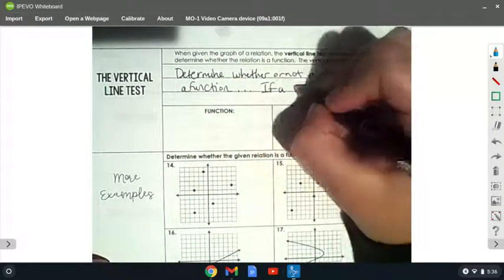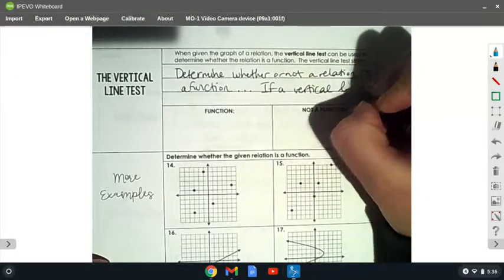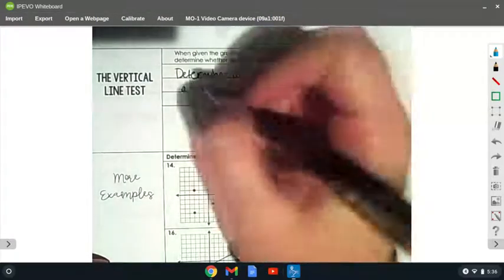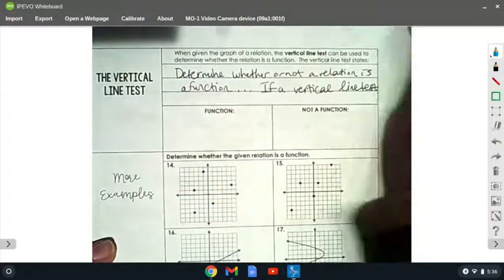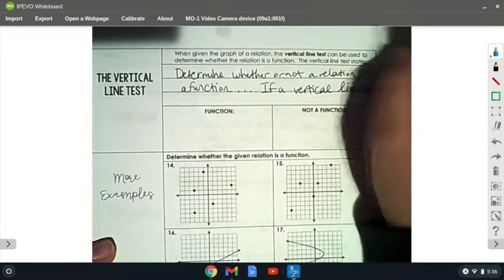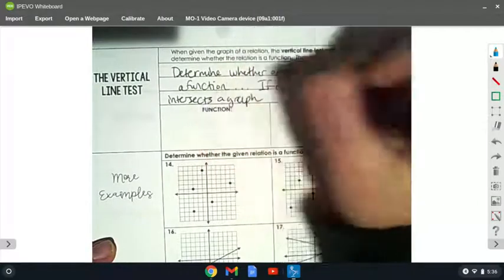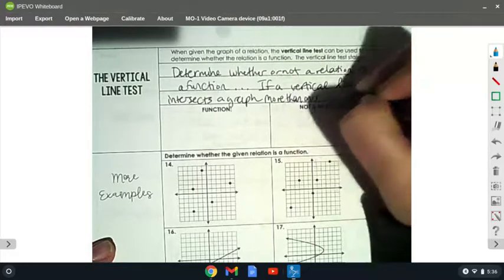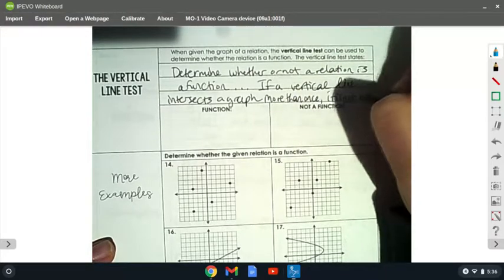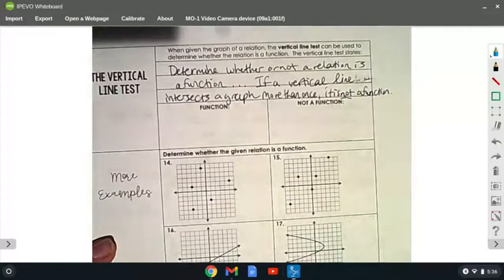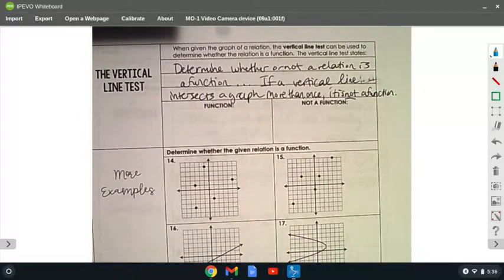If a vertical line intersects a graph more than once, it is not a function. Okay, so this helps us determine whether or not a relation is a function. If a vertical line intersects a graph more than once, it's not a function.